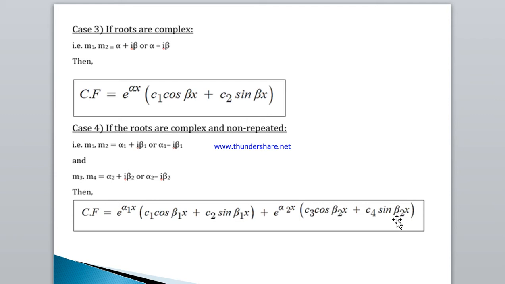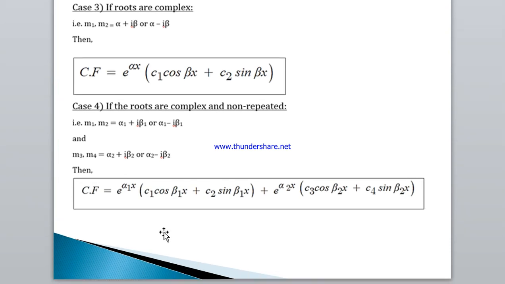If it is repeated, simply you can write e power alpha x, c1 plus c2 x into cos beta x, plus c3 plus c4 x into sin beta x. That is the complementary function for complex and repeated roots.